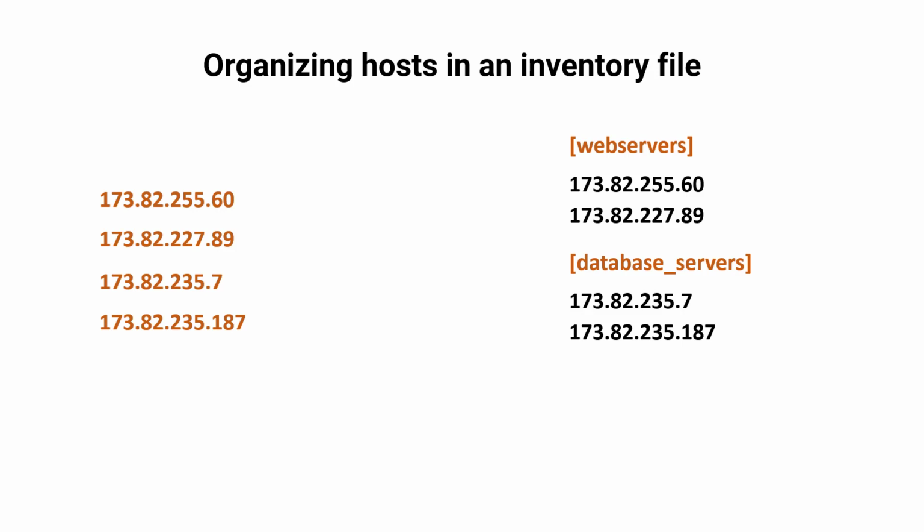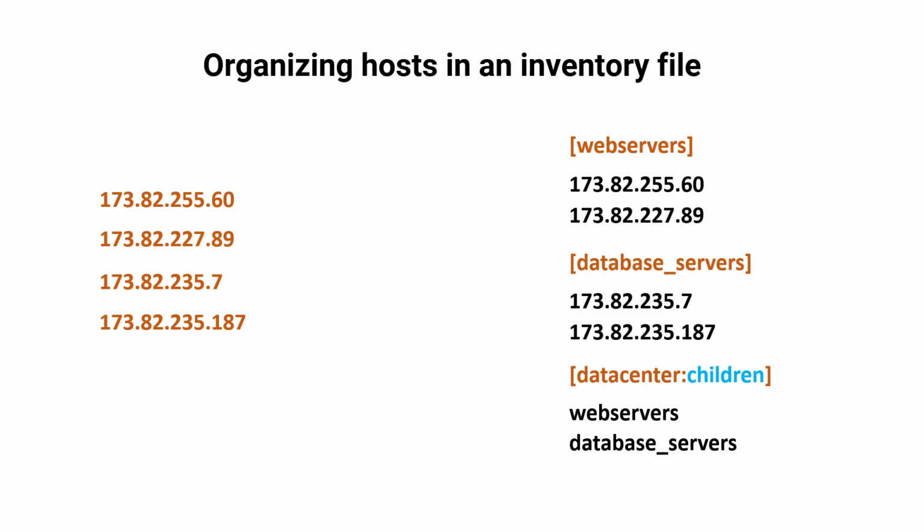Now we can also have groups of groups. Okay. So here I'm going to have another group called data center, with a suffix called children. Using the children suffix, you can place these two groups under the data center group as shown.